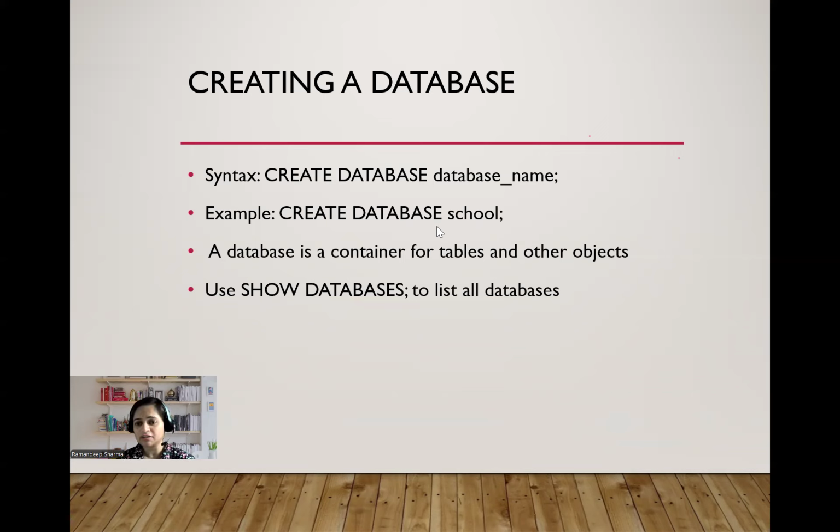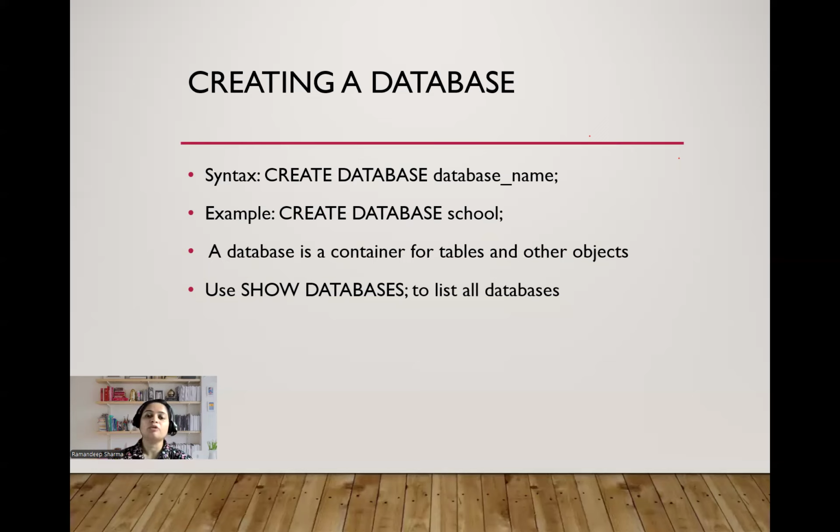Why do we need a database? Why can't we create tables directly? The thing is, we create databases to put all the related tables into one database only. Let's suppose we have to create a database for a school. So we create a database named school, and all the school records like teachers, students, admin staff, everything we maintain in different tables.